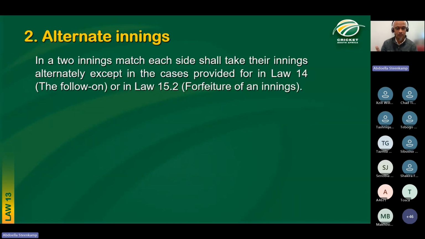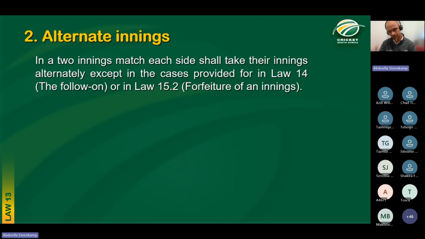So in a two innings match, like test match cricket as an example, the law wants innings to be taken alternately. So for example, in a test match between Pakistan and South Africa, let's say Pakistan win the toss and they go bat first. Once Pakistan is dismissed, South Africa then will go bat.